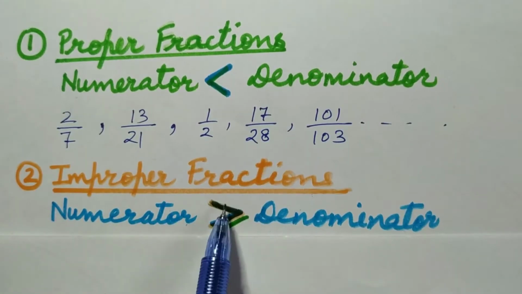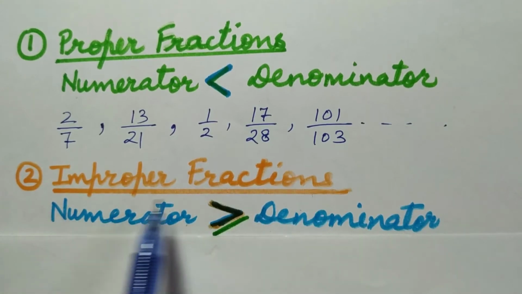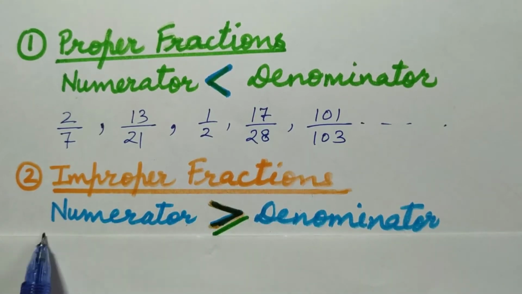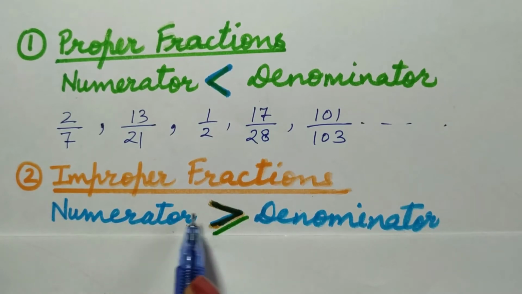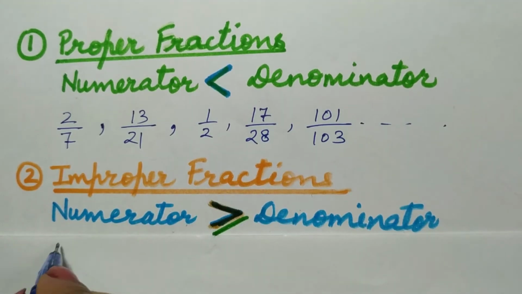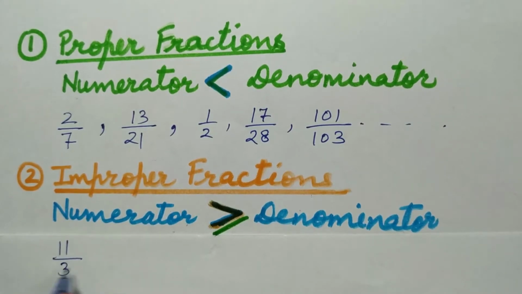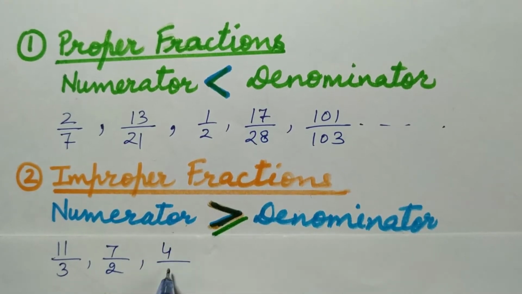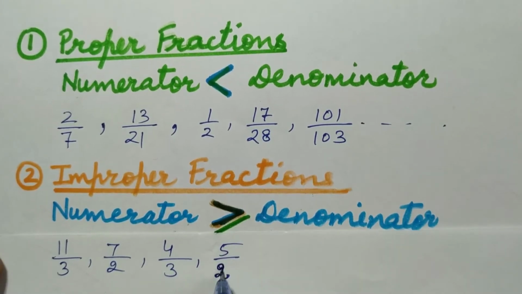Next is improper fractions. Improper fractions are those fractions in which the numerator is greater than or equal to the denominator. Examples of improper fractions are 11 by 3, 7 by 2, 4 by 3, 5 by 2, and so on.